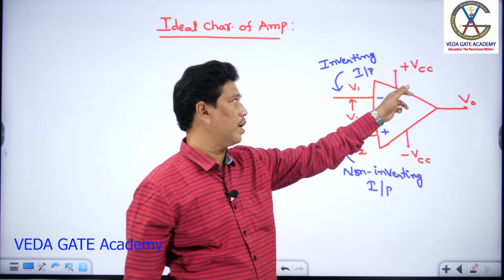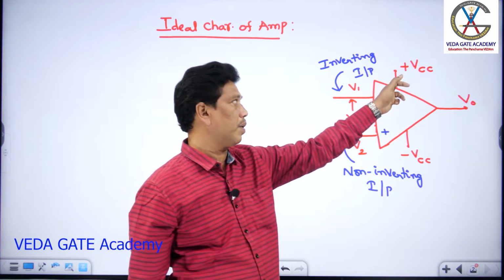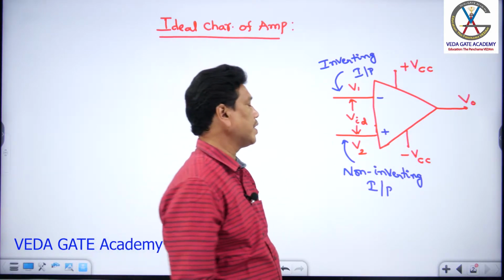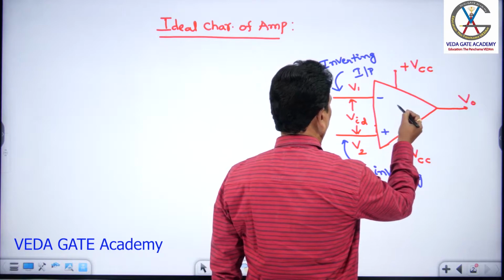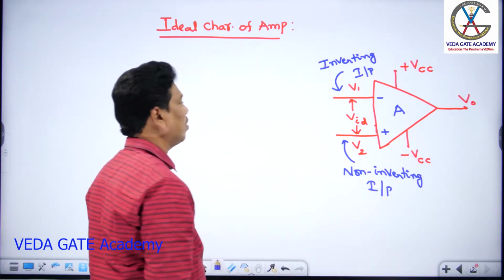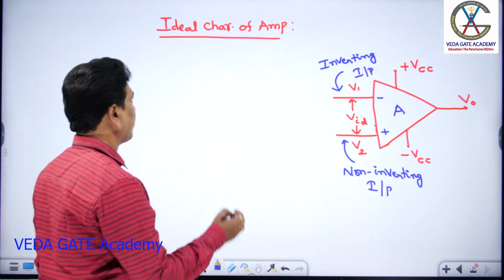It uses two DC bias supplies that indicate the saturation voltages, plus VCC and minus VCC, and it is expressed by a gain, the open loop or differential gain, A or AD. Okay, so now we can examine the ideal characteristics of an op-amp.